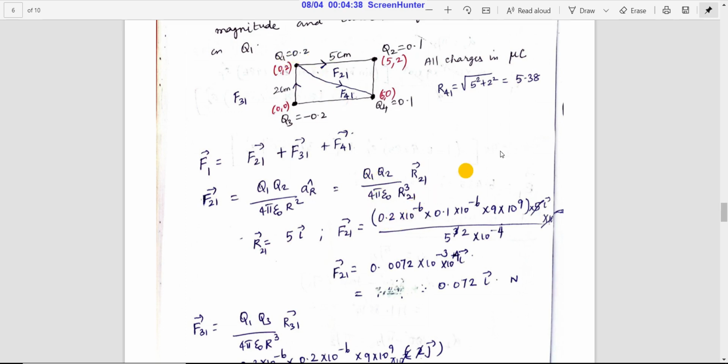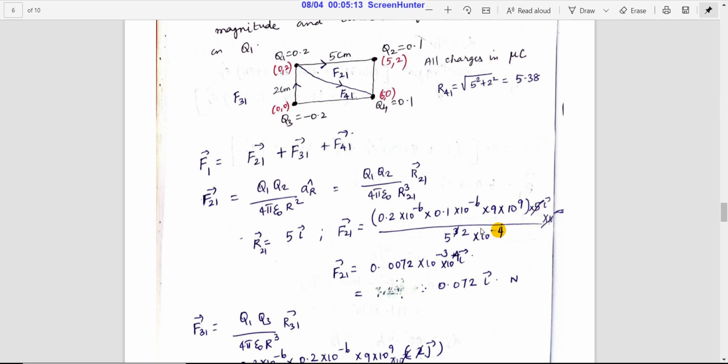So what is Q1? Q1 is 0.2 into 10 to the minus 6, and Q2 is 0.1 into 10 to the minus 6, divided by 4 pi epsilon naught, whose value is 9 into 10 power 9, which we already know, into 5 i vector, divided by the magnitude of R21, which is 5, so R21 whole cube, 5 power 3 into 10 power minus 4.